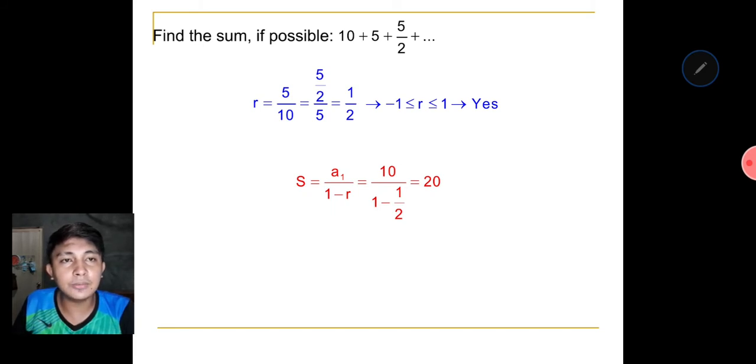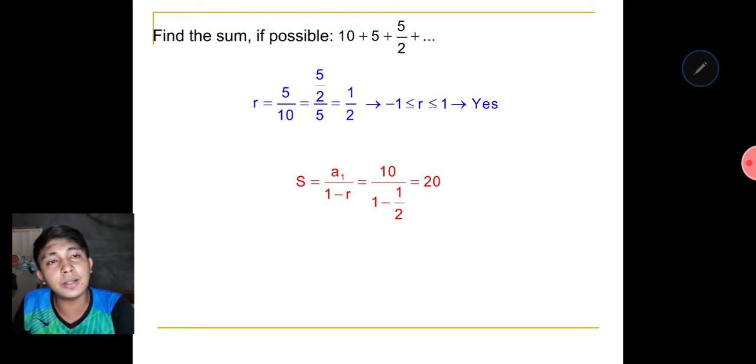So we have now to substitute 10 over 1 minus 1/2. So 1 minus 1/2 is 1/2. So 10 divided by 1/2, or 10 times 2, is 20. So the sum is 20.